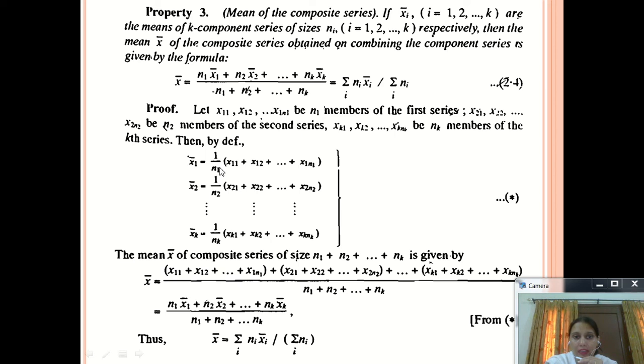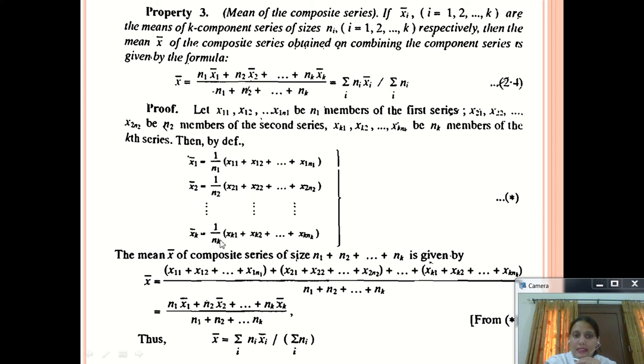Take this and cross multiply: n1 x1 bar will become equal to x11 plus x12 plus ... plus x1n1. So put this value: in place of x11 plus x12 and so on, we can put n1 x1 bar. In the second series we can put n2 x2 bar.